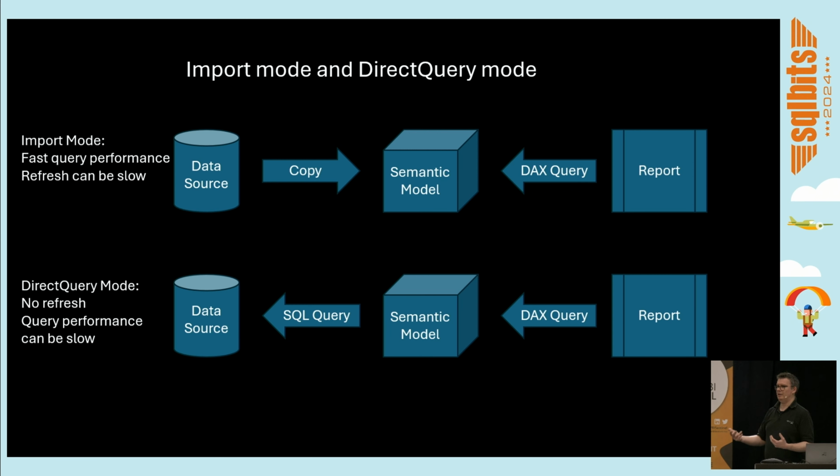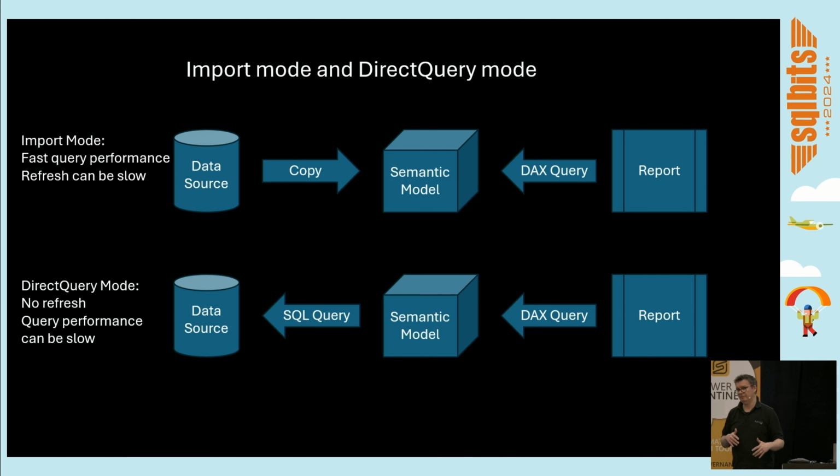The DAX query ran against the semantic model. The semantic model contained all the data you would ever need to see inside a report, and it returned the result back to the report, and you saw your report. Import mode was great. The reason we told you to use import mode by default was because it gave you the fastest report performance. It gave you access to all of the good stuff inside Power BI. So we always said, use import mode.